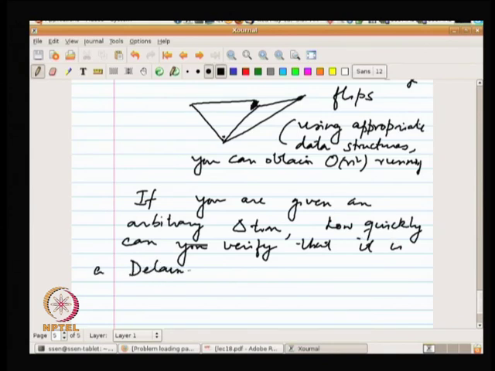It may or may not be. So your job is that I give you a triangulation, where every face is a triangle connecting the given set of points, and now your job is to find out if this triangulation is a Delaunay triangulation.